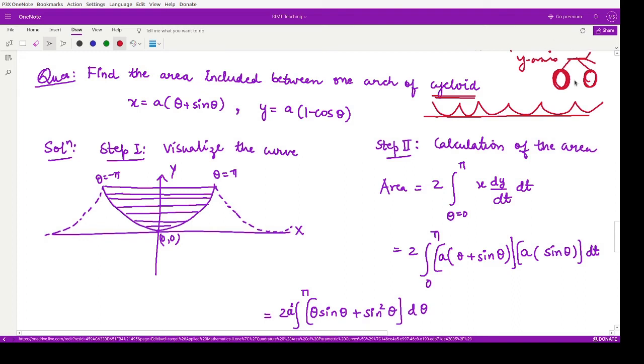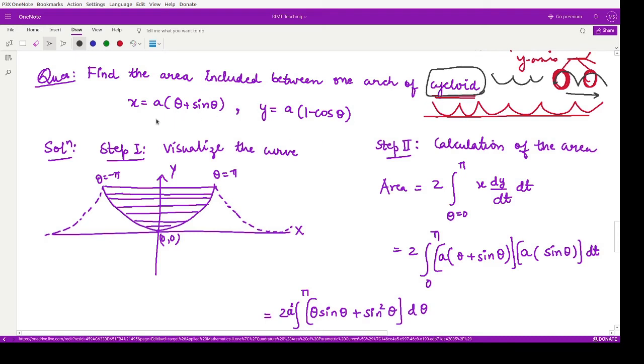When you fix some point here, and when the cycle starts moving, your point would go something like this. If you are tracing the curve followed by this point when this cycle moves in the forward direction, whatever this point is, the point could also be like this. So this is the given curve that is known as the cycloid.